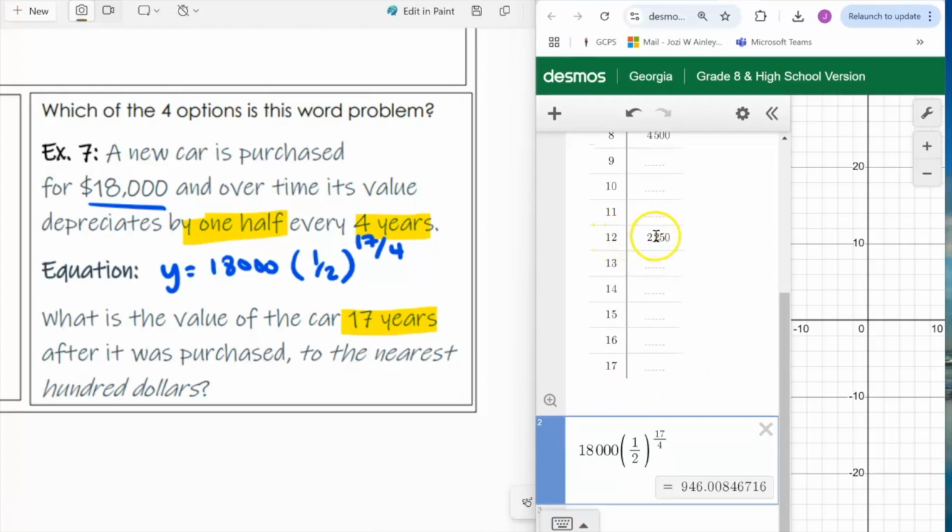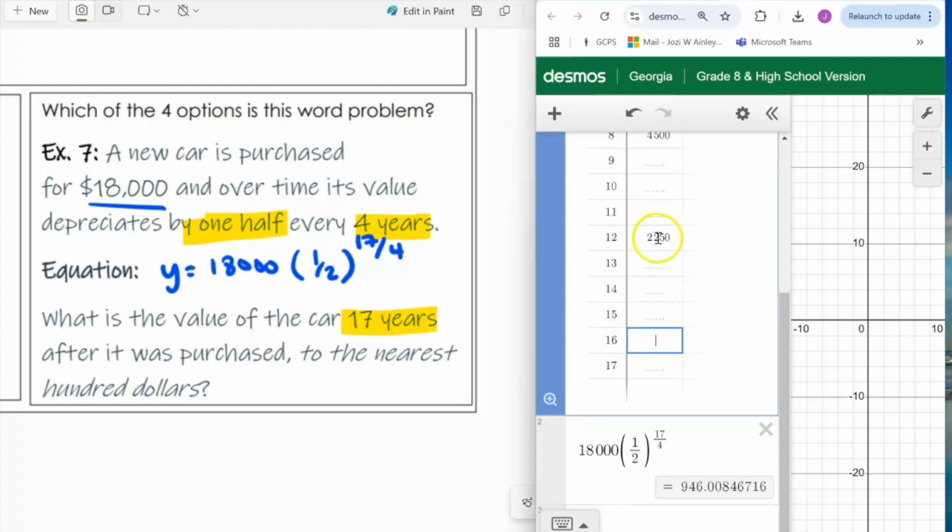So 12 is this, so another 4 years, 1, 2, 3, 4, and that's going to be 1125. So does it make sense that year 17, it's going to be under 1,000? Yes, it does. So this is the fastest way instead of having to figure it out mathematically. Here, you can just put your half-life or your double on the bottom and your total on the top, and the calculator will work it for you.